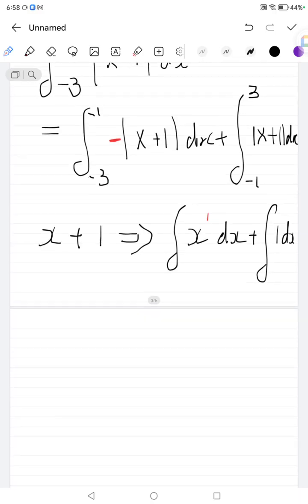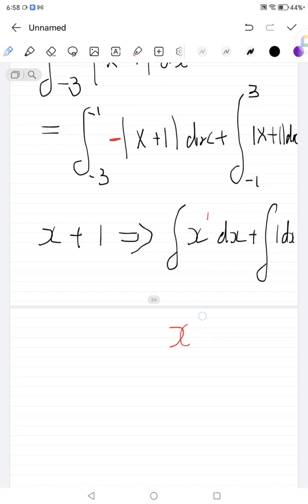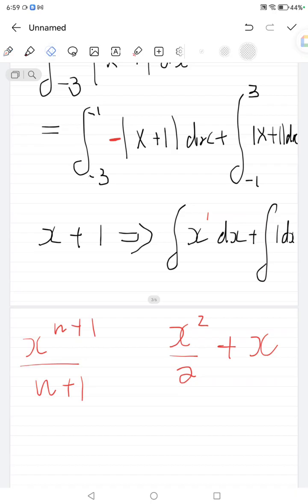This will be x squared over 2 plus x. So you still remember the power rule, x to the exponent n plus 1 over n plus 1. This is basically what I'm doing at this side.